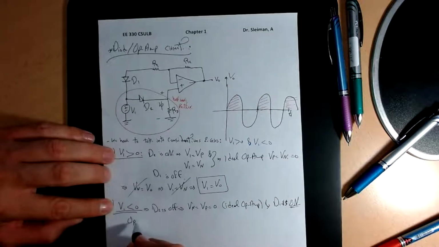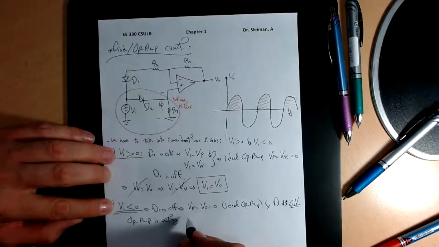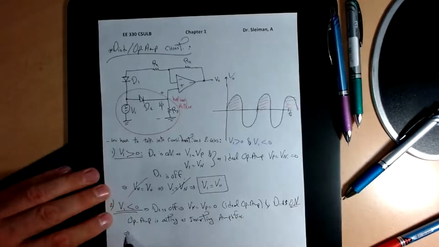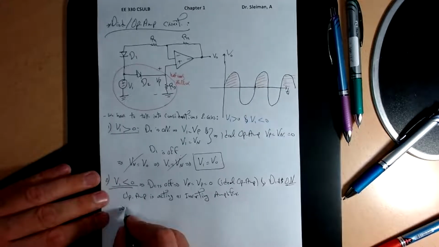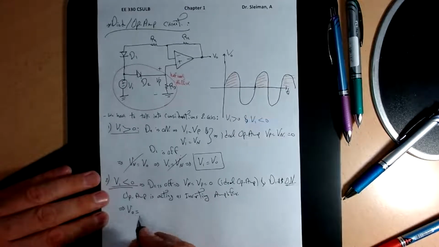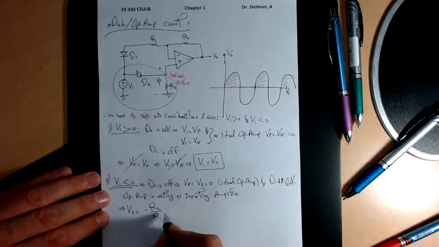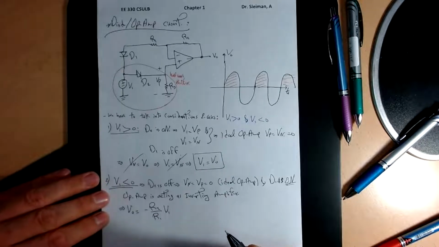So in this case, the op-amp is acting as an inverting amplifier. In this case, V0 is equal to negative R2 divided by R1 times V1. That's the ratio for the gain.